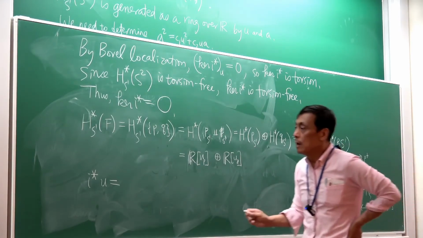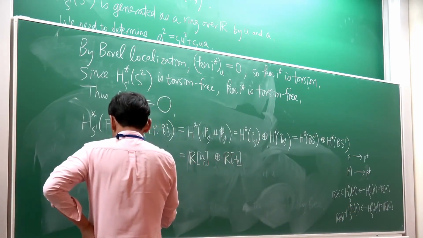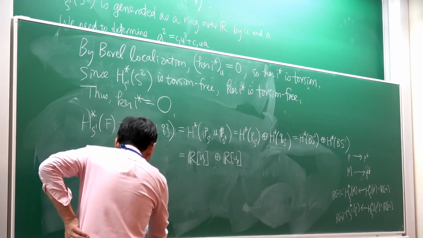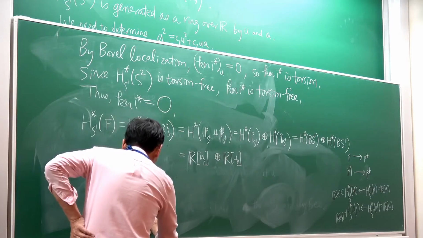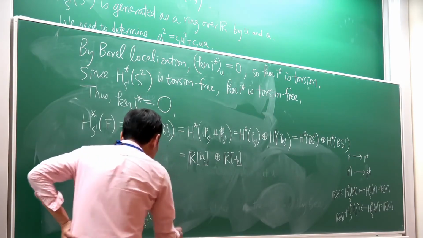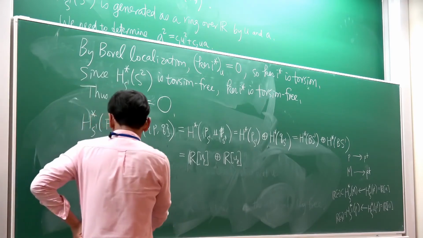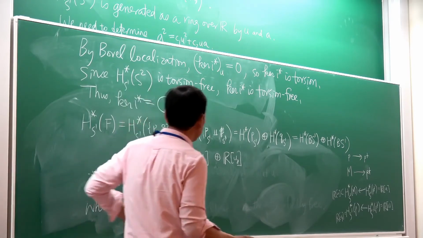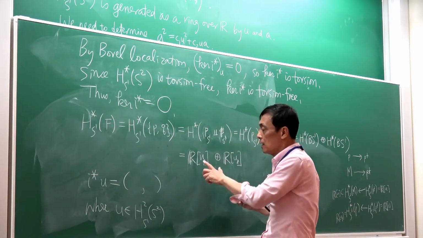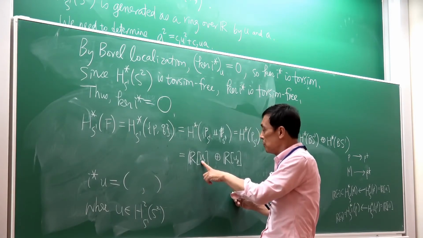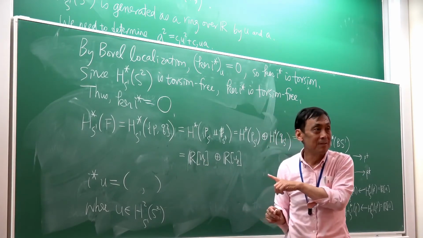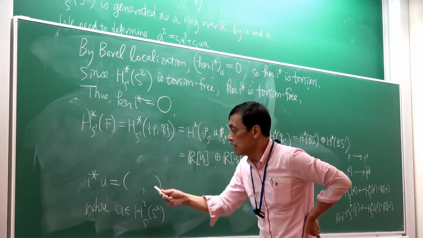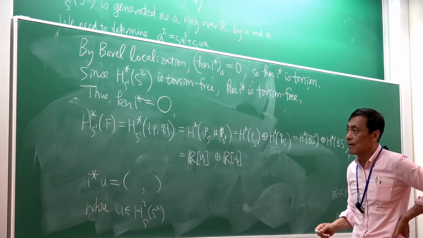Here this U is in H2 of S1, S2, okay? And when I restrict it to F, I should get a multiple of this UP and a multiple of this UQ, right? And so can you tell me what this U goes to?